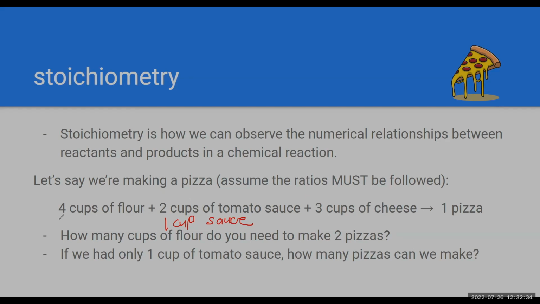So it doesn't really matter how many cups of flour you have. At the very end, you can only make half of a pizza. So this is kind of like an introduction to limiting reactants.